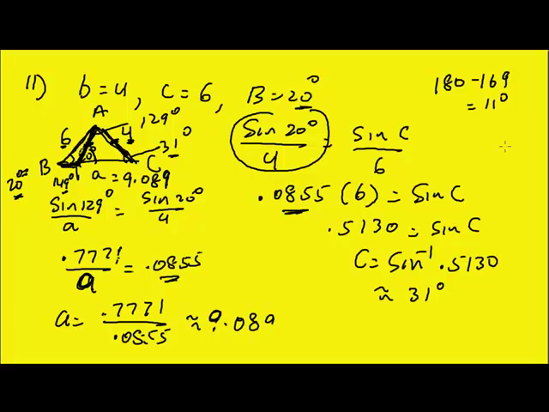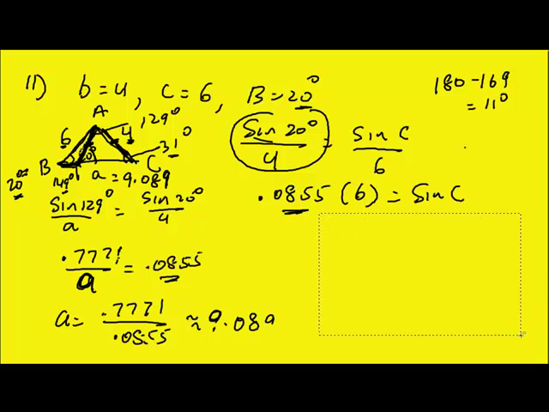Okay, so I have to go back and find that. And what if my angle A turns out to be 11 degrees? So let me do that real quick here. Okay, let me create a little bit of space. Okay, let me erase this.